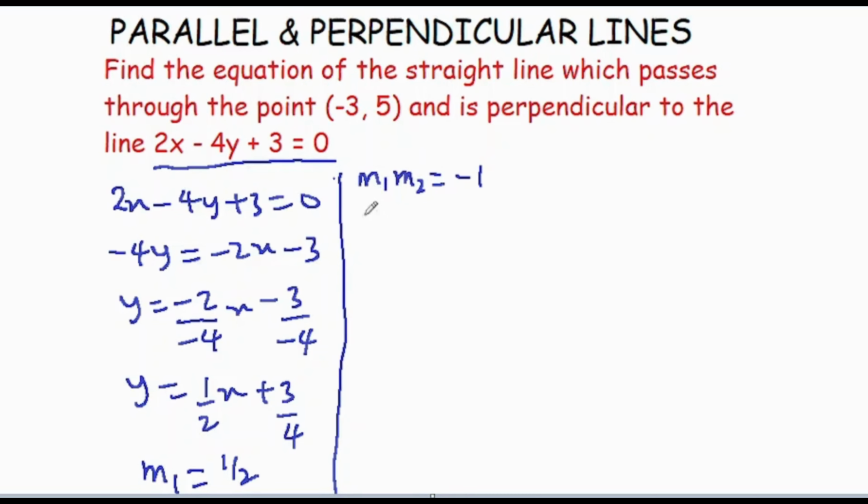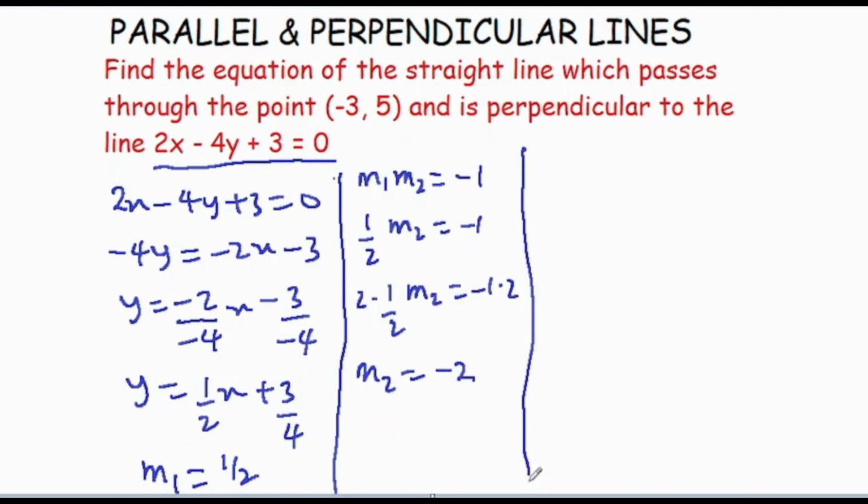So m1 is half, and we have m2 times it equals negative 1. So we multiply through by 2. If we multiply through by 2, we have negative 1 times 2. So that means that m2 equals negative 2. So that's the slope m2 for the second equation passing through this point.